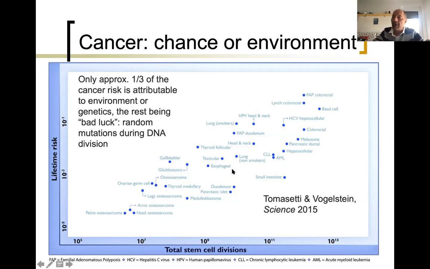For lung it is a factor of 10, but overall the contribution is approximately 1/3 due to the environment, and the rest is essentially bad luck. So it's essentially simply that you have more divisions, and during these divisions, sooner or later, bad luck also means aging, of course, sooner or later you will get the cancer.